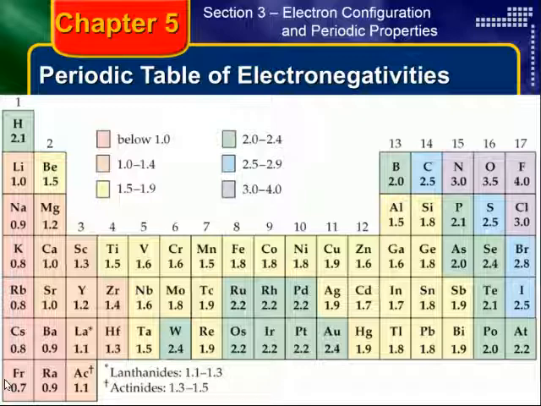Now, there's one caveat I want to throw in here. As you're trying to follow this trend for electronegativity, as you go up and to the right, it increases. Do not continue up into the noble gases that would be in group 18. They have no electronegativities. Remember, they already have a full octet. They don't want to gain electrons, so they don't.